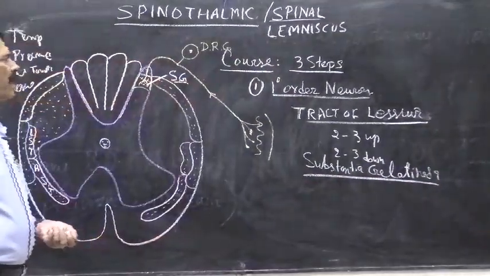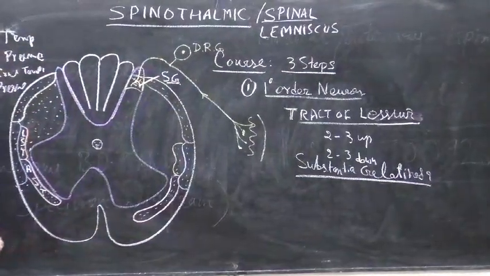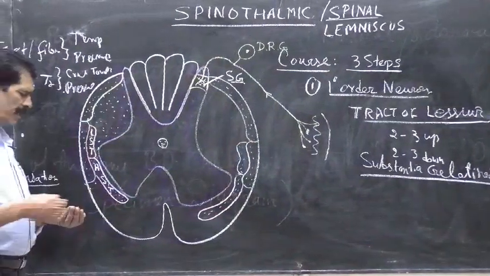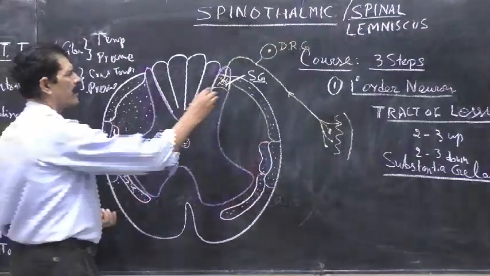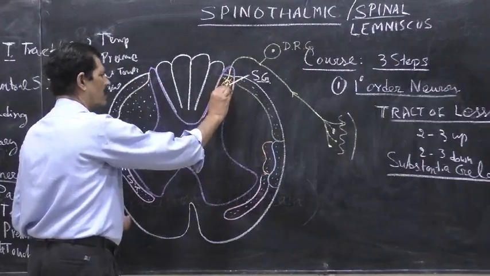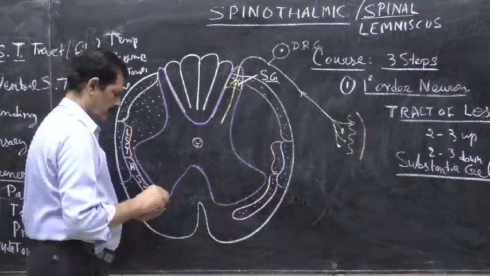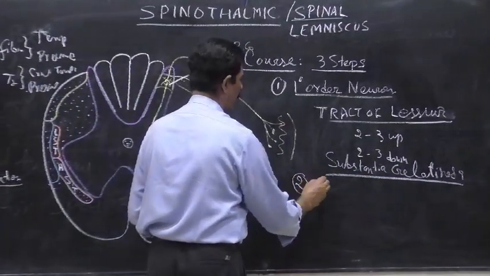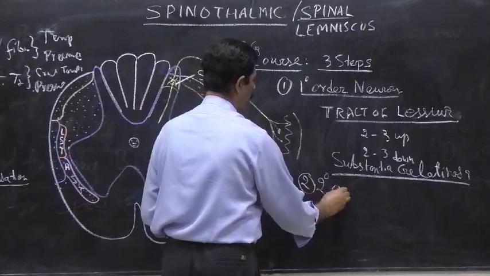In the substantia gelatinosa of the posterior horn, these neurons relay, and after the relay, the second order neuron now starts. So next heading you will make second order neuron.